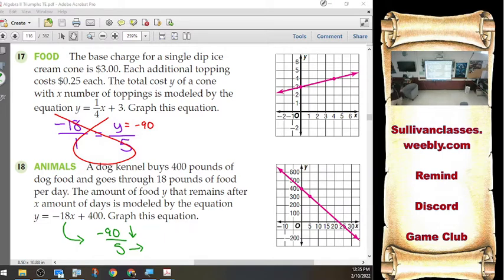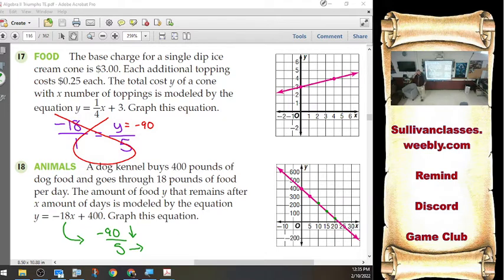I have to scale my rate of down 18 over 1 into down 90 over 5 to say from 400 go down 90 and over 5. Go down 90, so it's almost a full box.